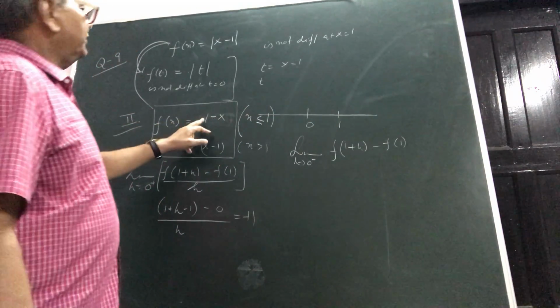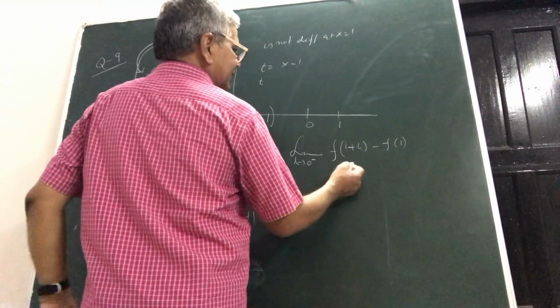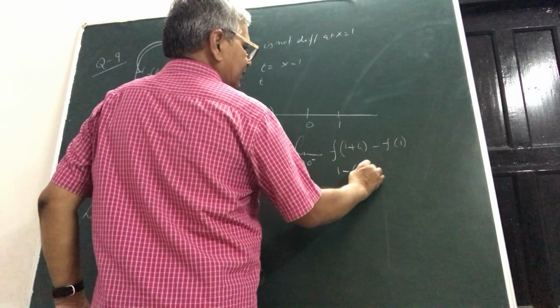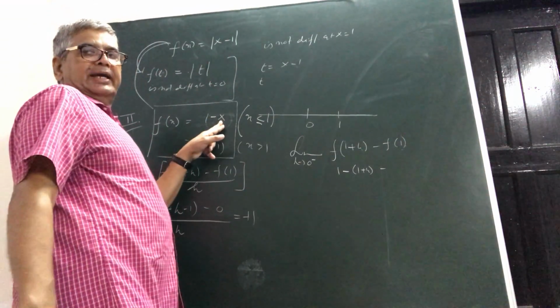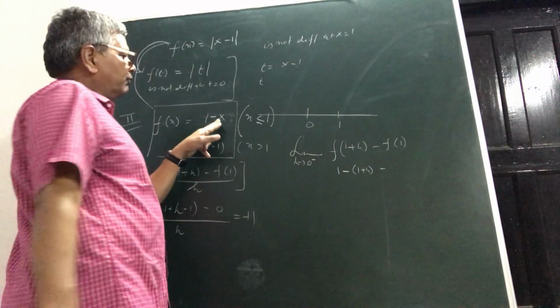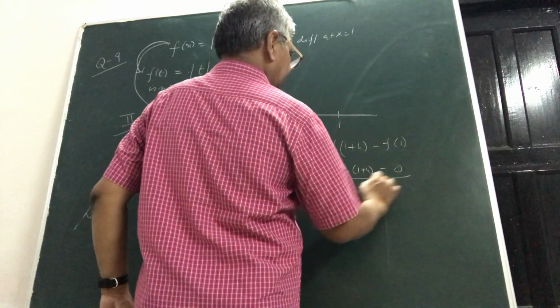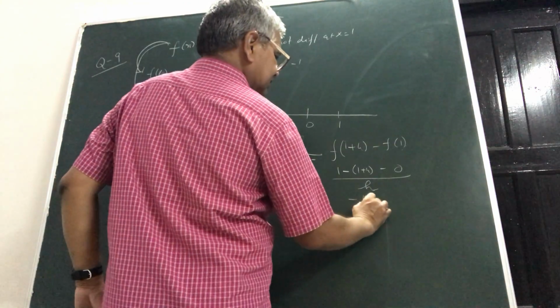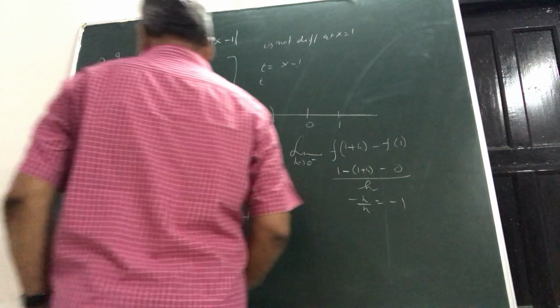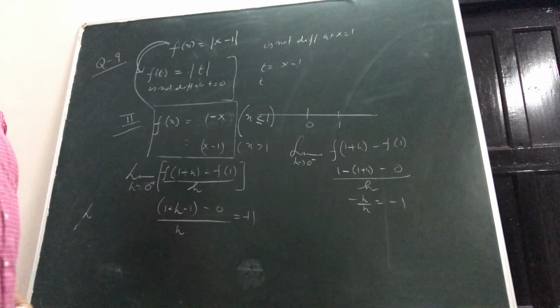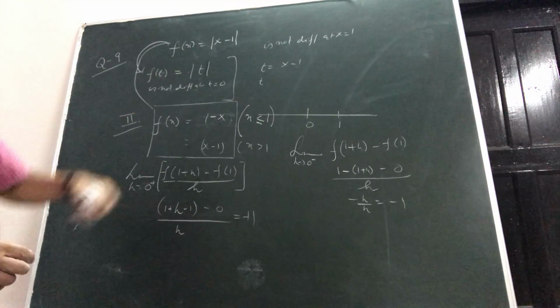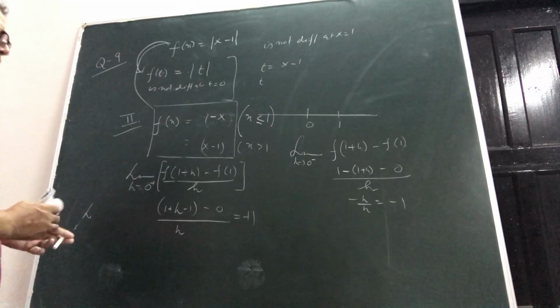On the left side of 1, it is 1 - x, where x means 1 + h. Minus f(1), which is 0. So 1 - (1 + h) is -h, upon h. So this is -1. So the left hand limit and right hand limit are different. As such, the function is not differentiable at x = 1. Either way you can do it.